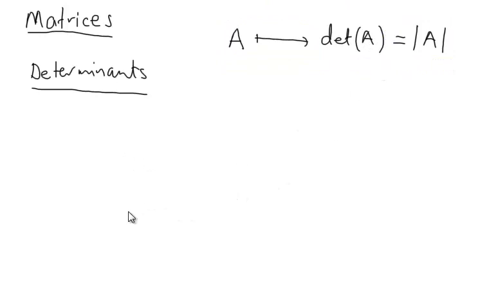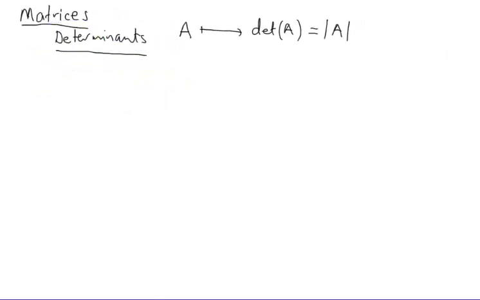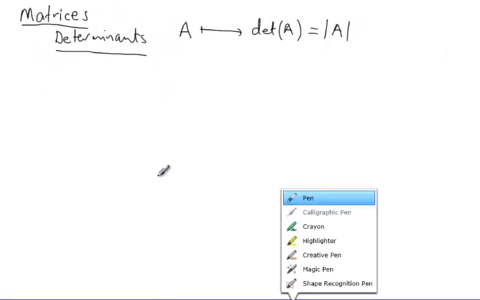So I want to keep that there. We're talking about the determinant. Just opening space there. Now let's talk about the 3 by 3 matrix.